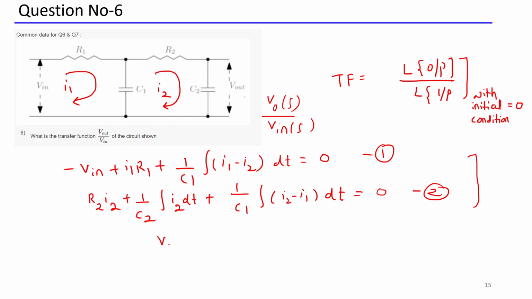Your output voltage V naught is 1 by C2 integral of I2 dt. So here the second term is nothing but V naught.